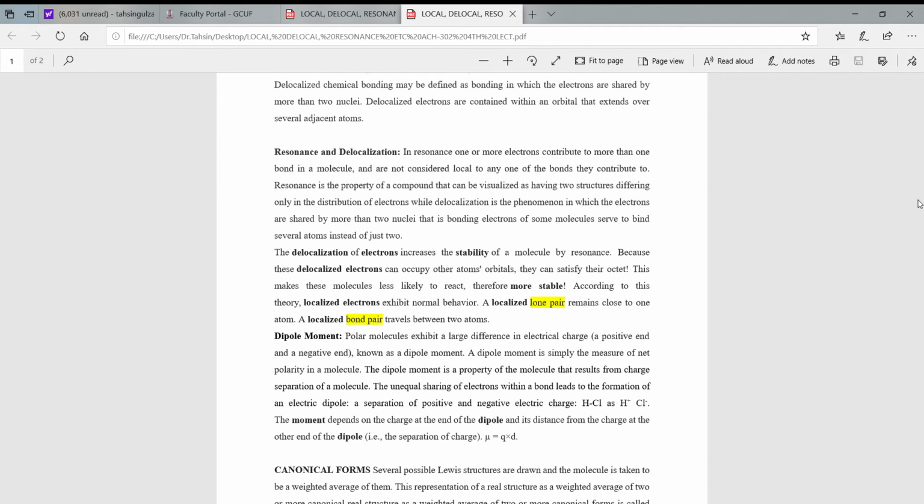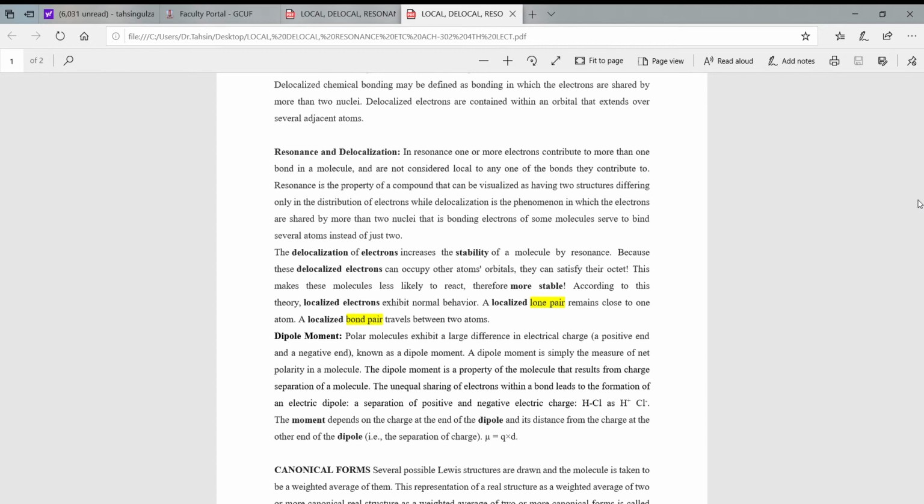So methane has 4 bond pairs, non-polar. Hydrogen chloride has 1 bond pair, but due to electronegativity difference between these two elements, chloro has a negative pole and H has a positive pole, one positive, one negative, a dipole, 2 poles are present in HCl. In methyl chloride, carbon has partially positive charge and chloride has partially negative charge.